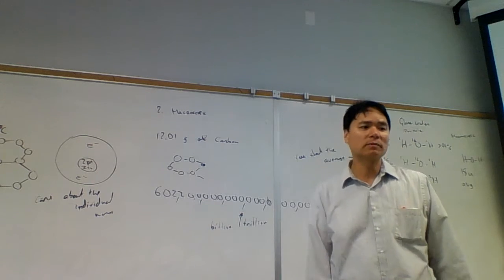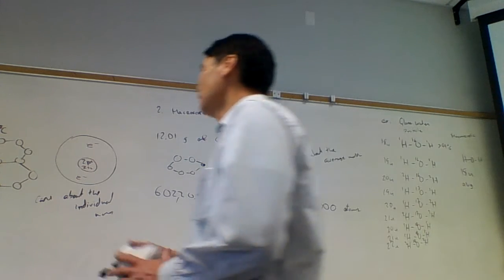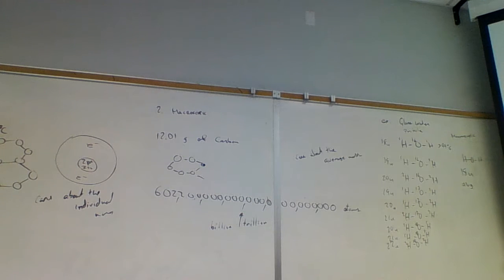Now, how much does the average carbon weigh? Now, let me do something for you. So it's based on population. So if we have carbon-12 here and carbon-13 here, we're going to go from 0% carbon-12 to 100% carbon-12.